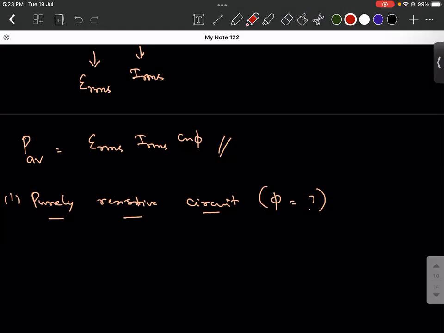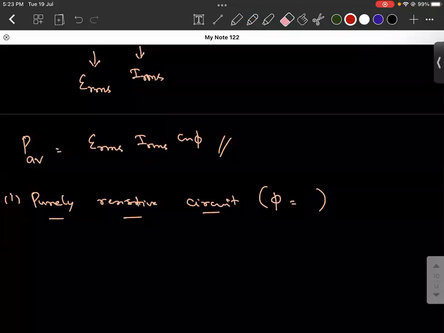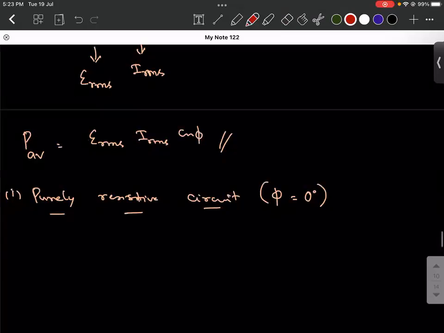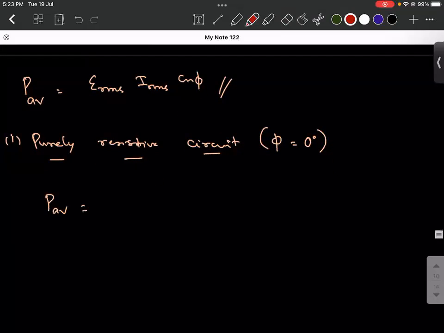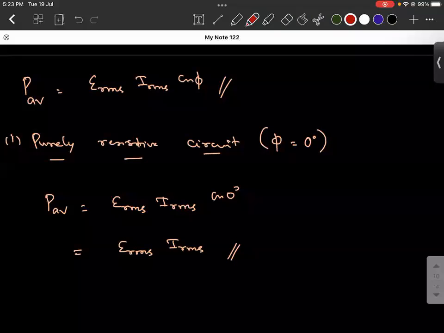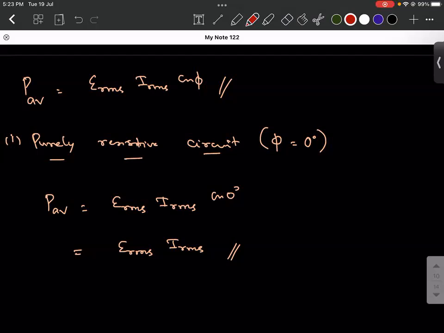It is 0. So you put a 0 here. Average power will be equal to ERMS into IRMS into cos 0 degrees. What will the answer be? ERMS into IRMS. To put it simply, ERMS is a DC value, and IRMS is a DC value. So when you want to calculate the average power for a resistor, you multiply both the DC values.